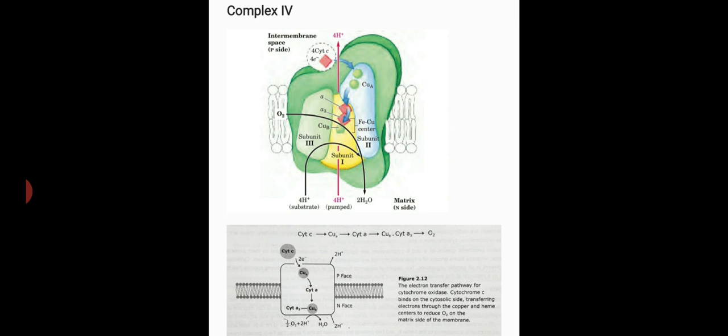Together, cytochrome A3 and copper B form the active center at which oxygen is reduced to water.